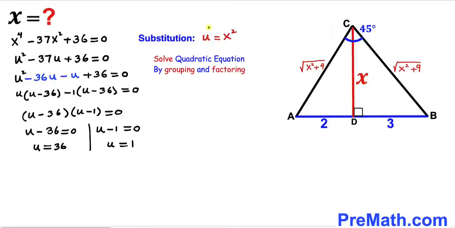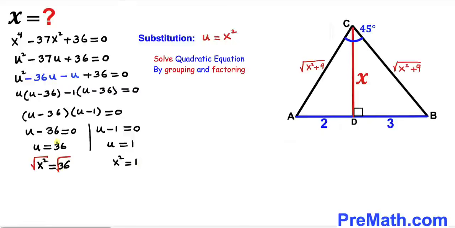And now let's recall our substitution, u equal to x square. So I'm going to replace this u by x square over here, and likewise u with the x square over here as well. So therefore we got x square equal to 36, and here x square equals to 1. And now I'm going to undo this square by taking a square root.